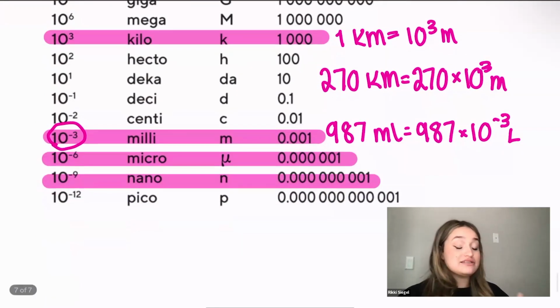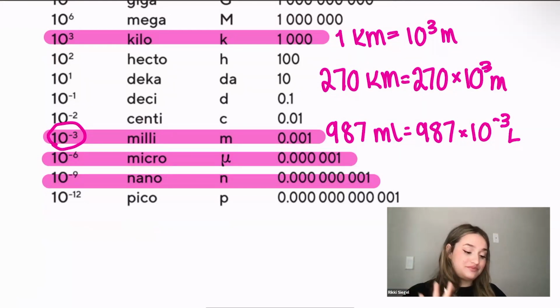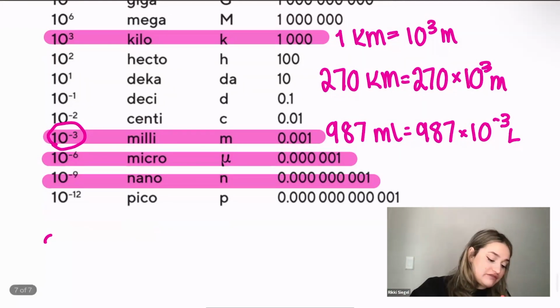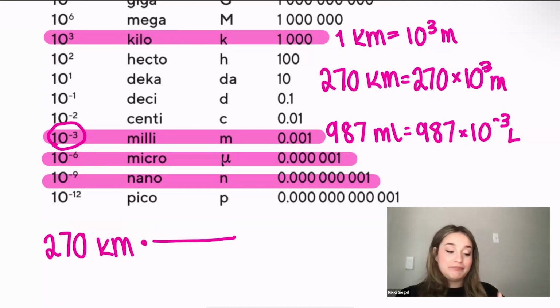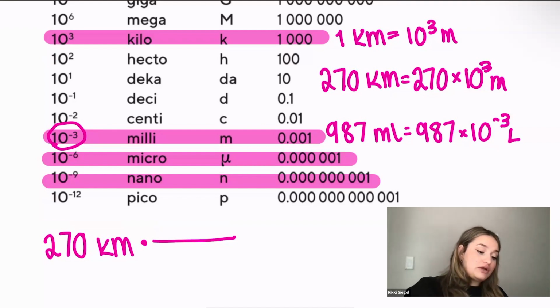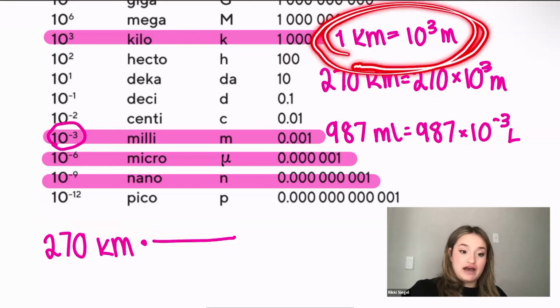So this works because of dimensional analysis. If you haven't watched my dimensional analysis video, I highly recommend going and watching that. I'm going to use 270 kilometers just as an example. With dimensional analysis, whatever you want to cancel goes on the bottom. We are going to use this as our conversion factor.